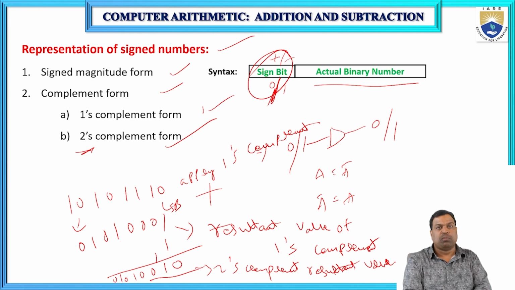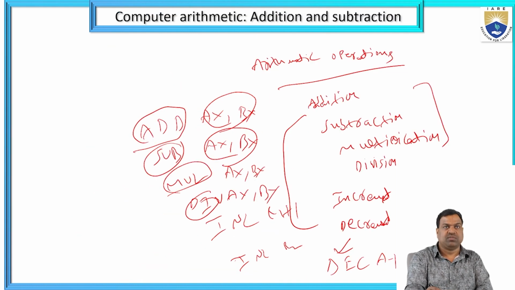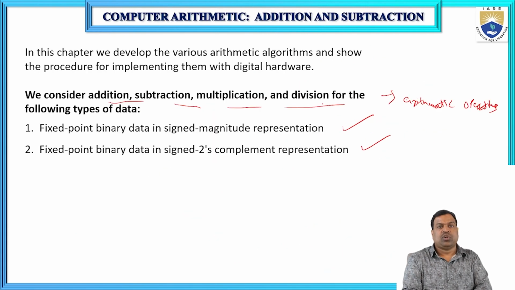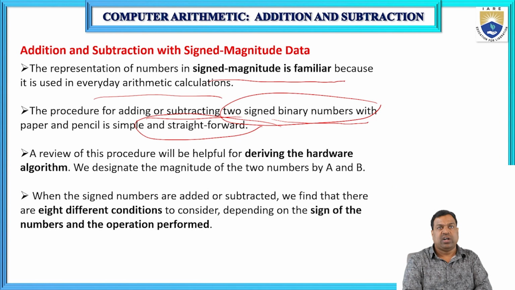When we go for ones complement and two's complement, these are performed mostly for subtraction. Fixed point binary data is in signed magnitude or 2's complement, and the arithmetic operations are mostly divided into integer and floating point in computer architecture, and addition and subtraction with signed magnitudes.